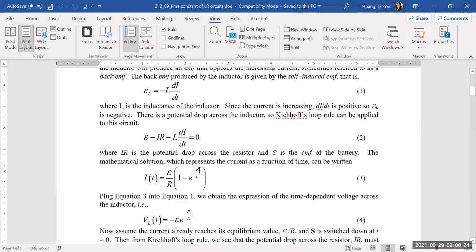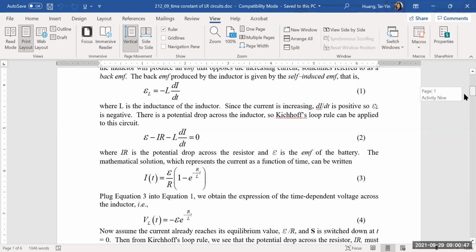So you can see that the current is not a constant. The current is actually a function of time, and can be described by this expression. When t equals 0, there's no current. When t approaches infinity, it becomes just EMF over R.